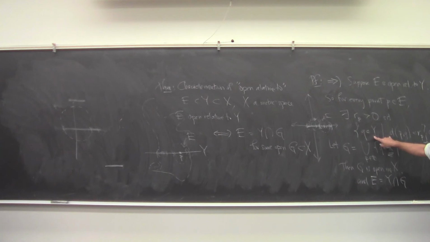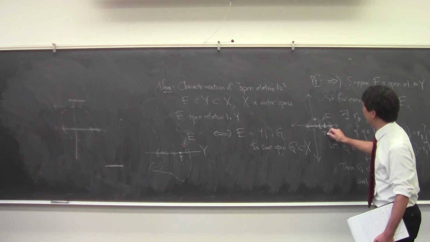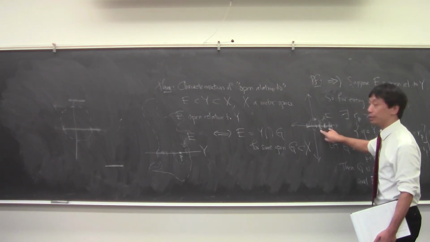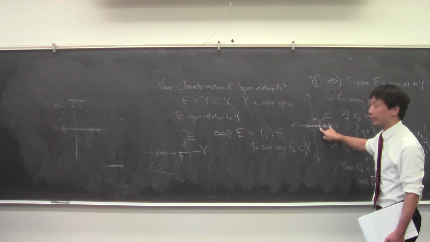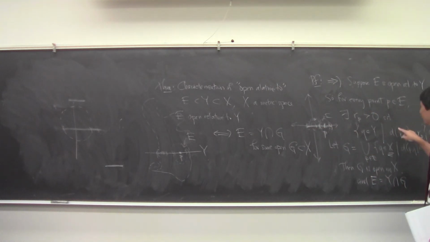So E is all these points P, but each of these points P is contained in some interval in X, and that interval is contained in the set E. So if I take the union of all these intervals, then I'm going to get E back.